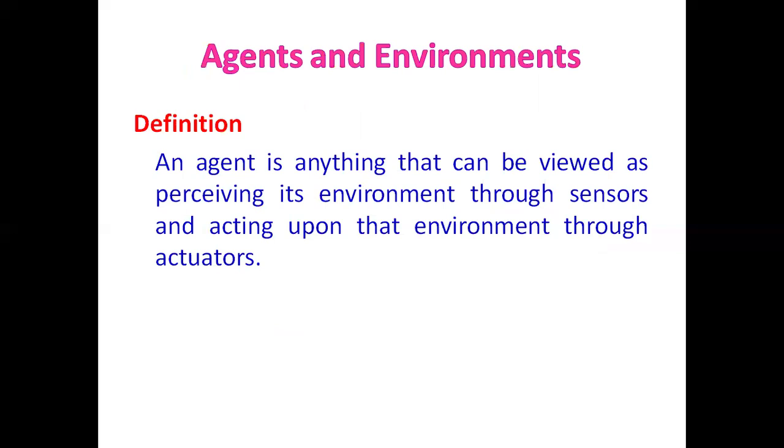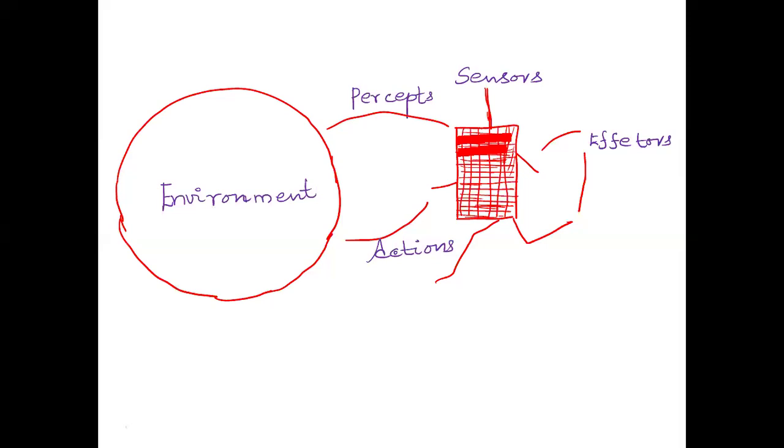The agent is any entity that can perceive its environment through sensors and take actions to influence that environment using actuators. The agent's primary function is to interact intelligently with its surroundings to achieve specific goals or objectives.